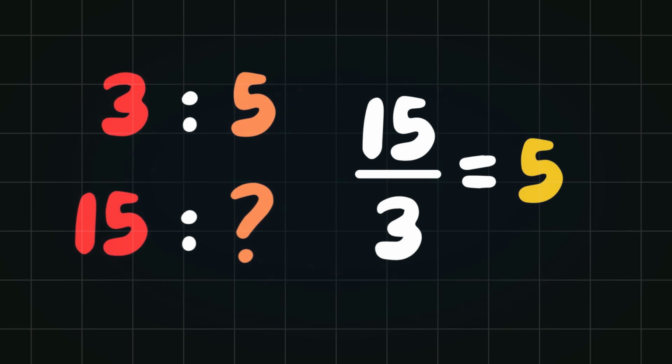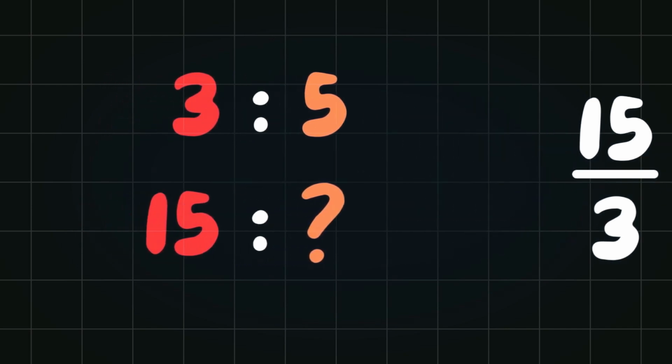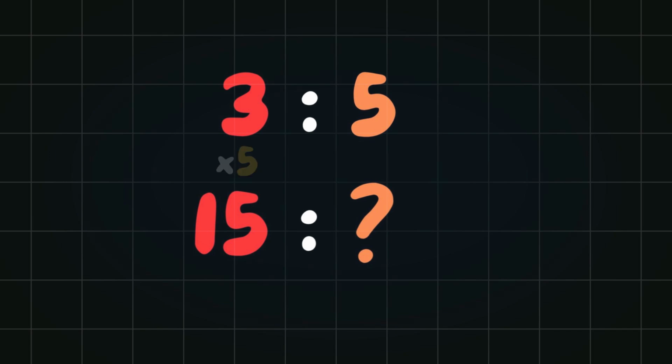Which tells us that we're going to have to do times 5 on both numbers, on both sides. So 3 times 5 is 15, like it said, 15 apples, and 5, which is the number of oranges, times 5 is 25.